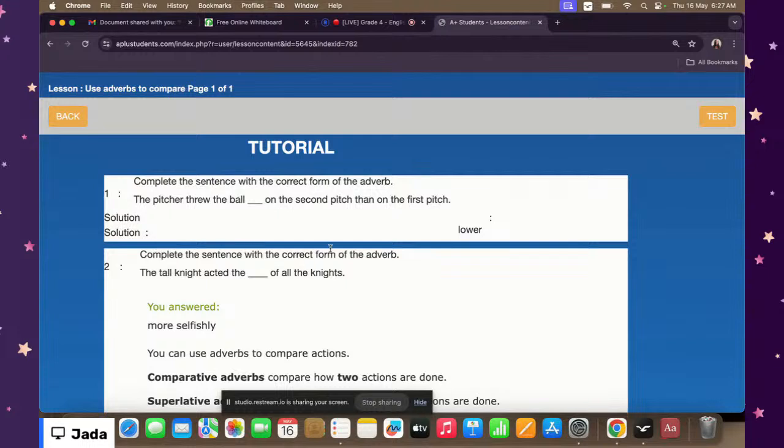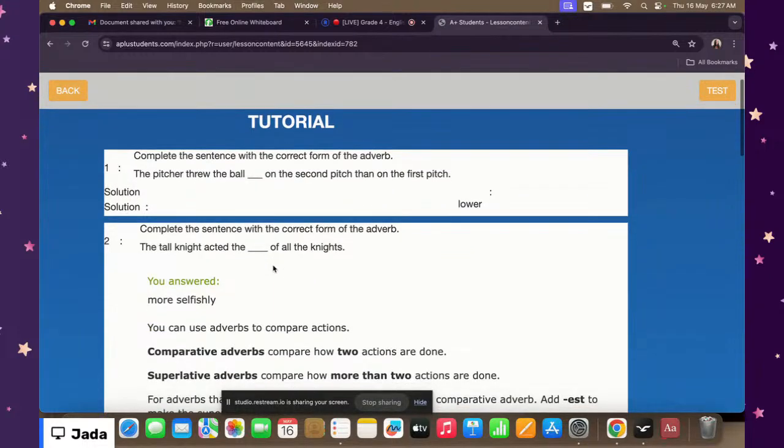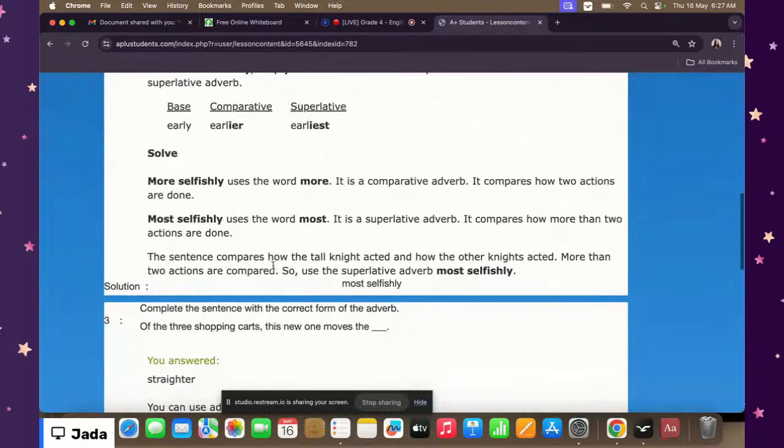Complete the sentence with the correct form of the adverb. The tall knight acted the dash of all the knights. So you would have option, and it will be the most selfishly. Okay, so more selfishly, use the word more. It is comparative. It compares how two things and actions are done. Most selfishly is using the word most, and of course superlative compares more than two actions.